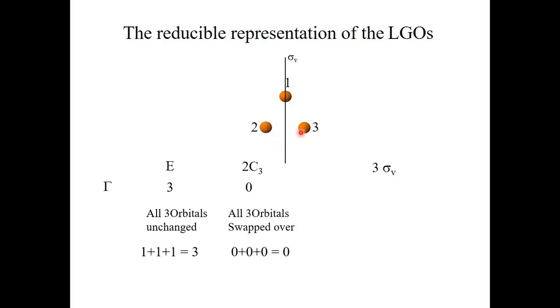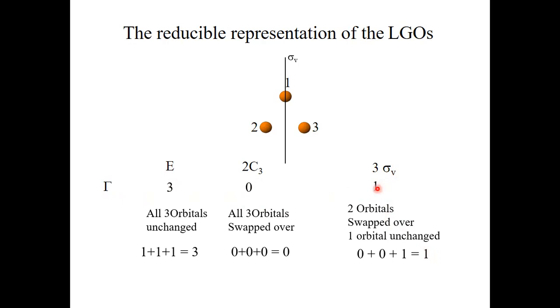That means this orbital here gets the character 1, and these two orbitals here get the character 0. Now, when we sum that up, that gives 0 plus 0 plus 1, and that gives 1, and that gives the last character in our reducible representation. So now we have fully determined our reducible representation, which has the characters 3, 0, and 1.